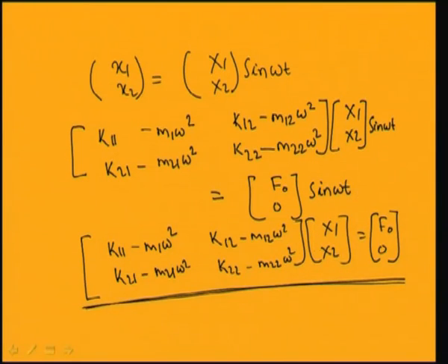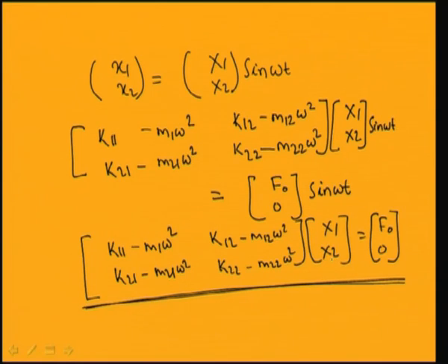Directly you can write k11 minus m11 omega square into x1 plus k12 minus m12 omega square into x2 equal to f0, and the second equation, k21 minus m21 omega square x1 plus k22 minus m22 omega square x2 equal to 0. You can solve these 2 equations to find x1 and x2.